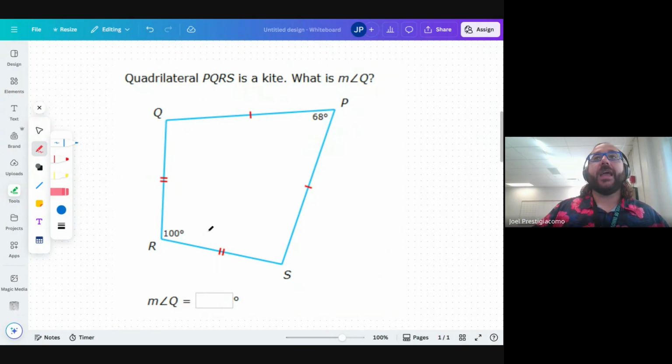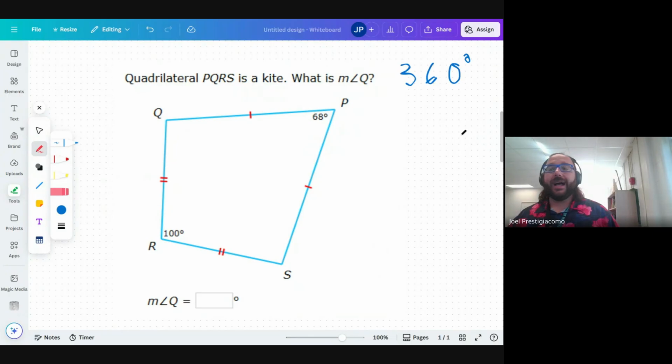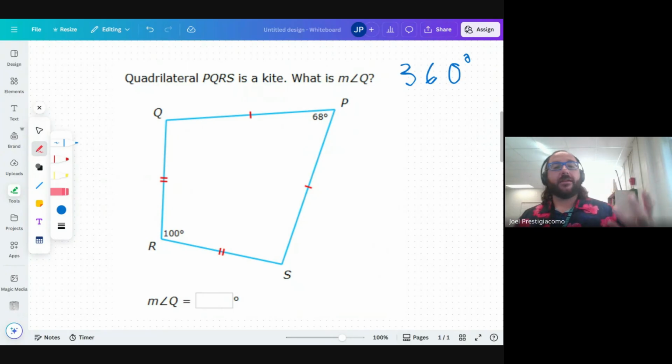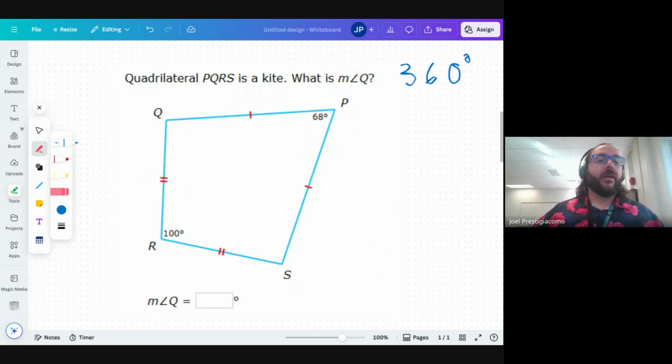So now we don't know what that number is yet, but we can figure out the total of these two angles because overall, a quadrilateral has 360 degrees. Right? So if we were to take away the other two angles, it would tell us how much is left. And if we take that number and divide it in half, we get angle Q, right? So that's kind of nice.